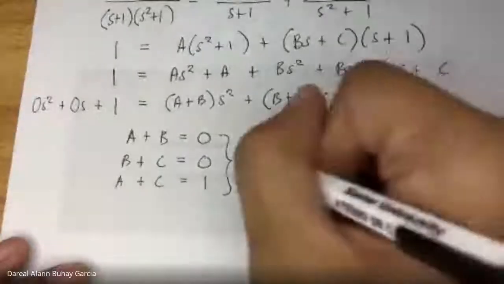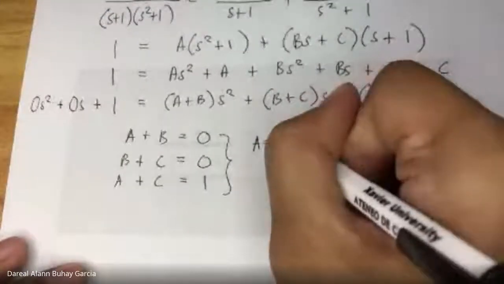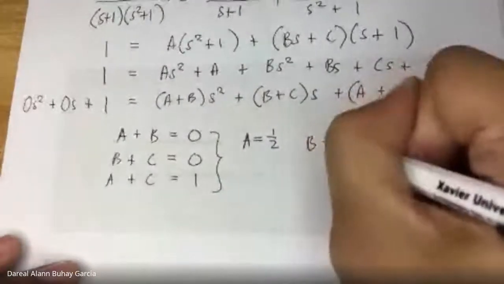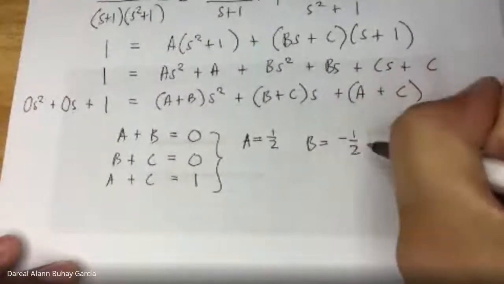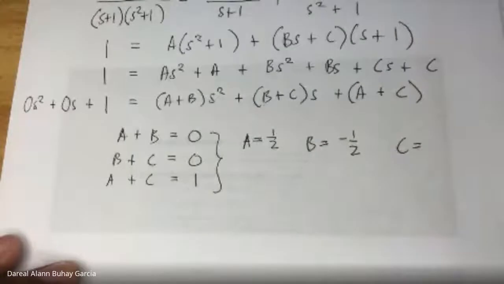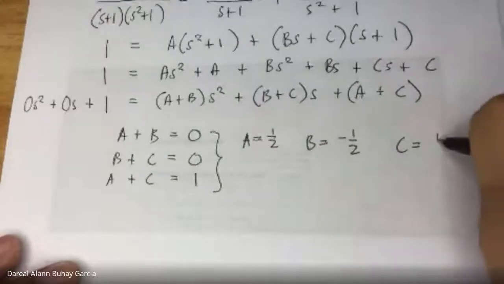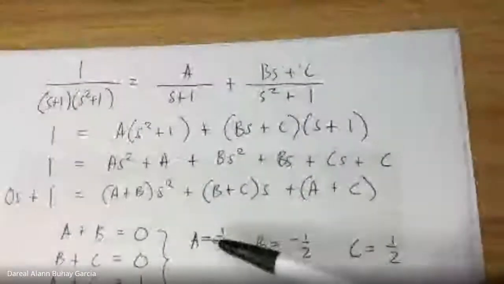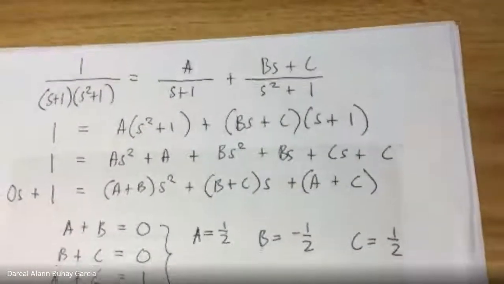Using your calculator, you get a is equal to 1/2, b is negative 1/2, c is equal to 1/2. Meaning, we substitute back above.